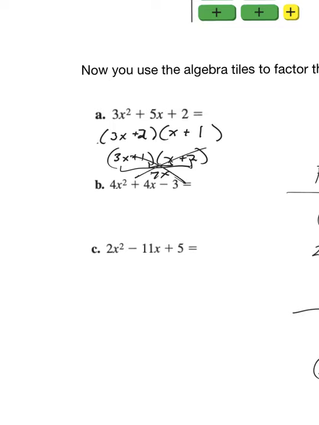Okay, so this next one is a little tricky, and I just want to remind you of what that means: there are two ways for the first terms to multiply to become 4x squared, right? You could either have 4x and x, or it could be 2x and 2x. But the key thing is that this last number is -3.